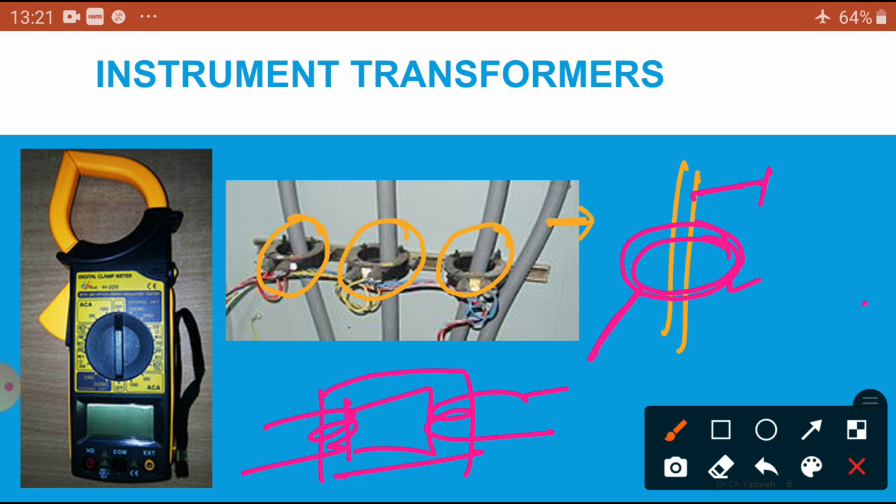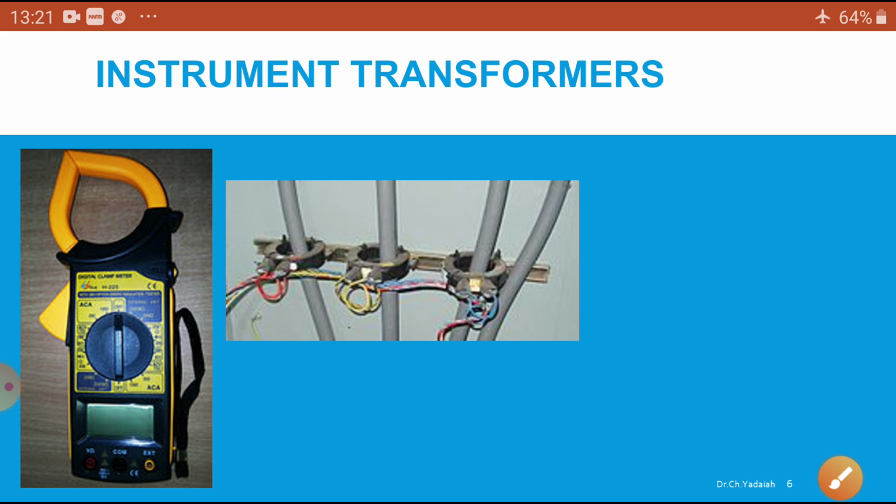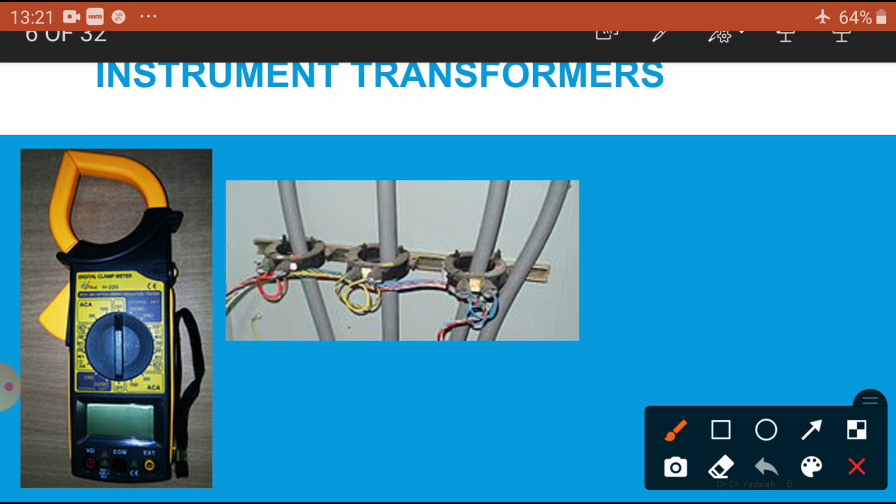So without cutting these cables, I can know what current is flowing in the cable with the help of our small range CTs. These ranges may be 20 amperes, or sometimes 50 amperes.